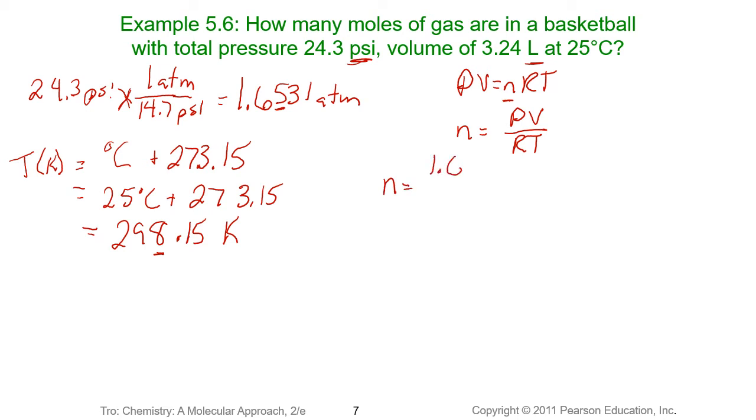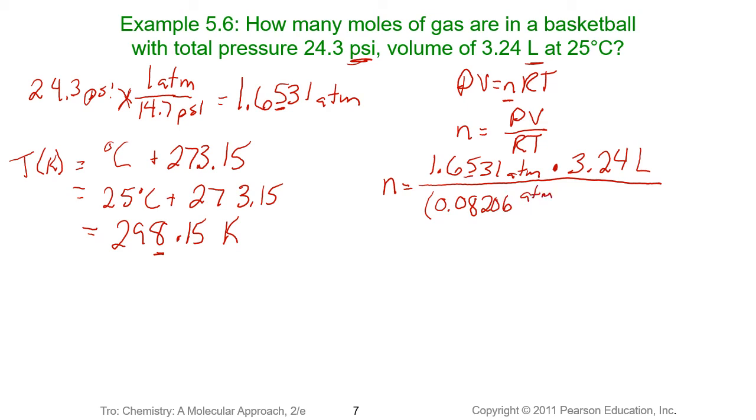So the pressure in atmospheres times the volume in liters divided by R, which is our ideal gas constant, units of atmosphere liters over moles Kelvin, times our temperature in Kelvin.